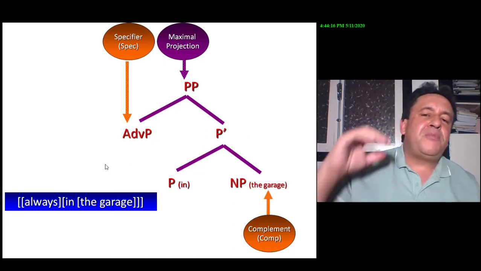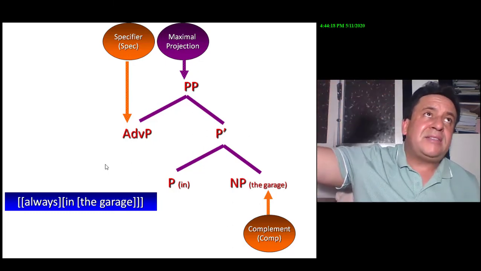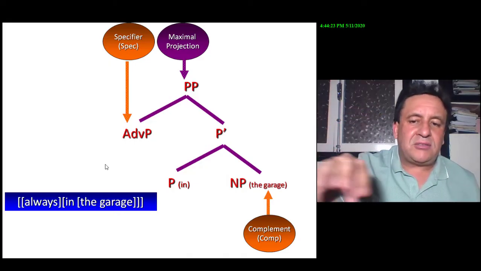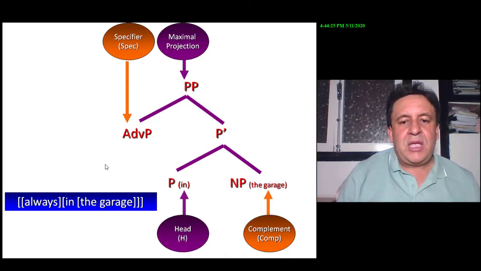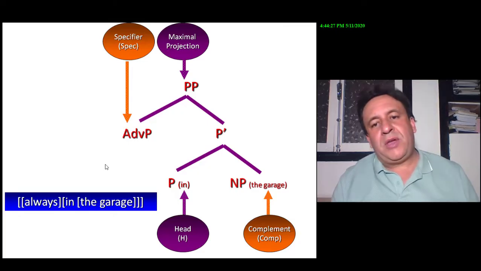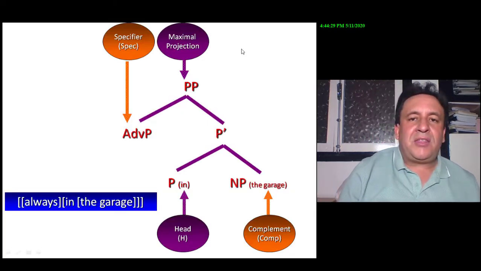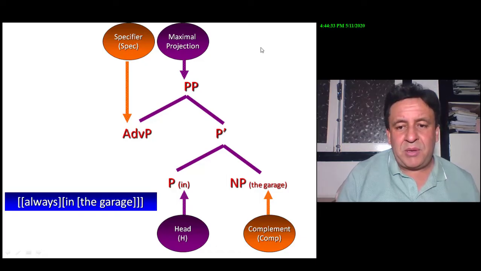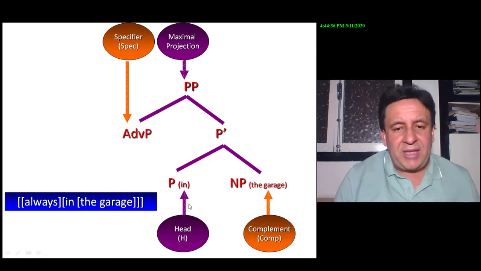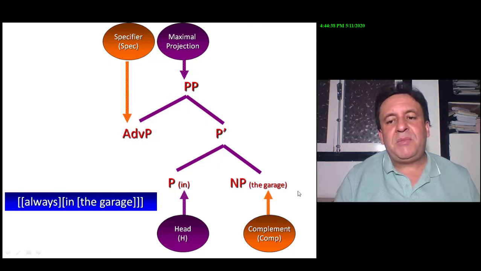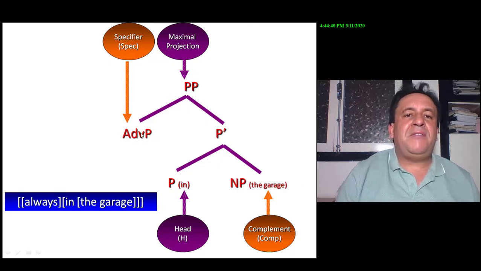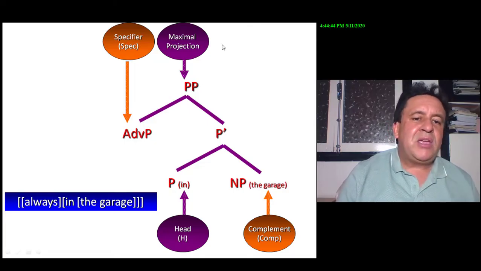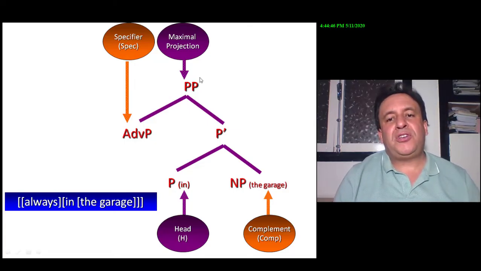The PP itself is the maximal projection because it's the highest node in our syntactic analysis of the PP. And the P is called the head. Because we will be using these terms, I hope you will be able to remember them. So we have the head, which is the P, we have the complement, which is the NP, we have what specifies the meaning preceding it, called the specifier, and then we have a maximal projection.